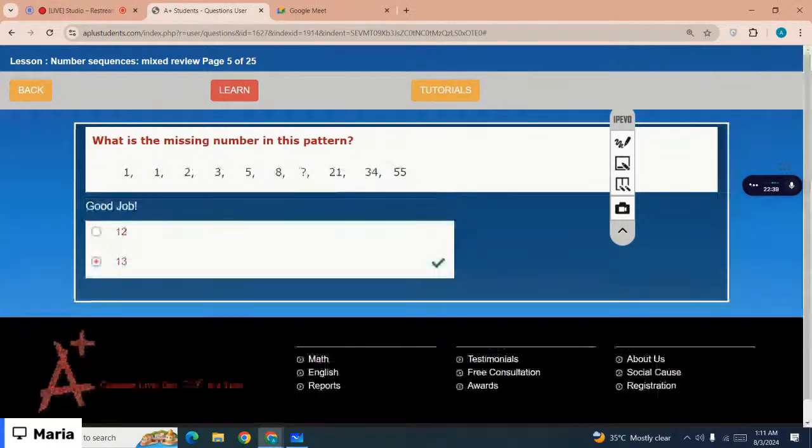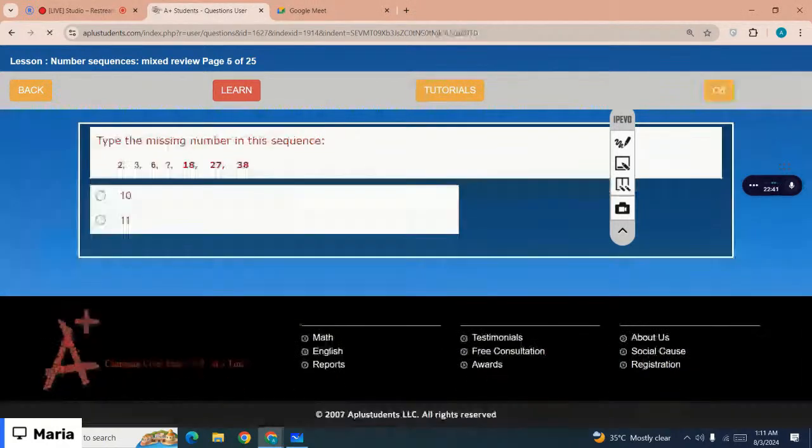Okay, the next one is: type the missing number in the sequence, which is the next number.